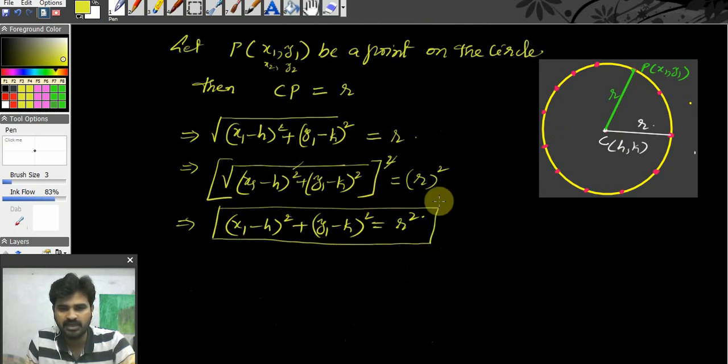Suppose I take one more point Q, (x2, y2). You can get (x2 minus h) whole square plus (y2 minus k) whole square is equal to r square.